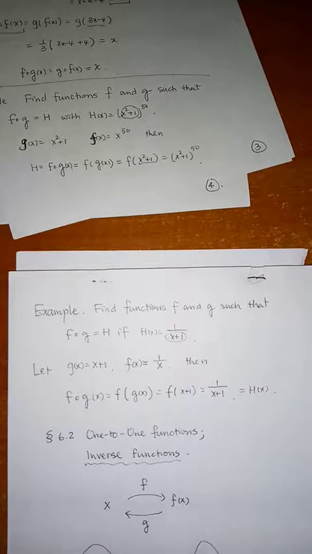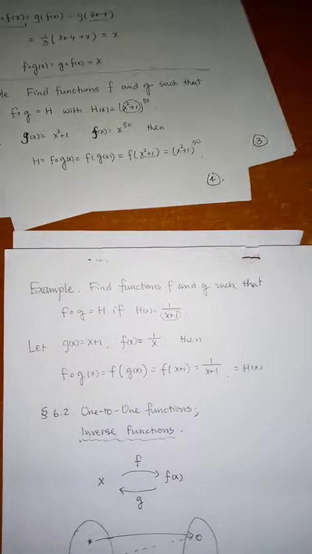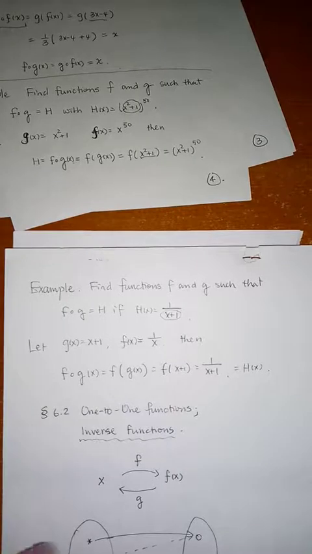For example, if something like this happens, then 2 points will be mapped to the same point. Then this function is not one-to-one. It's like 2-to-1. Okay, 2-to-1. So for the 2-to-1 function, we have a problem.